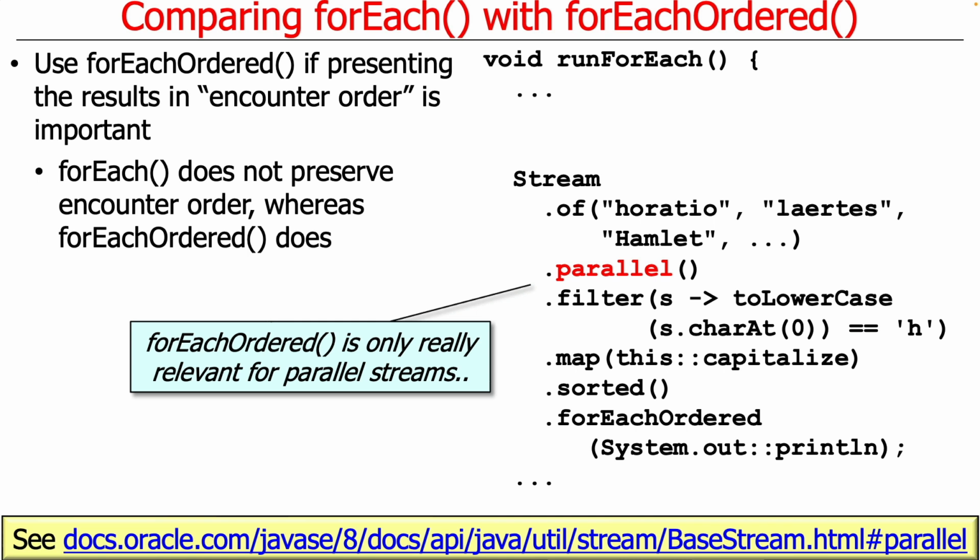But for parallel streams, where the intermediate operations can run in different scheduling orders, non-deterministically determined by the Java fork-join pool and the underlying hardware and multi-cores, that might mix things up. So if you use forEach, you can get things in different orders just because of the way things schedule in the parallel stream. But if you use forEachOrdered, then it'll make sure that the results come back in the order they were encountered. Does it really matter? Not a whole lot, but I want you to be aware of it.